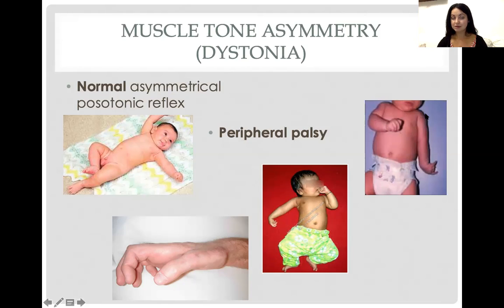You realize that this is dystonia. Why? Because the left arm is extended and there is a hypotonus of flexors on the left side. What is it? It is a birth trauma of the brachial plexus, which is called Erb's palsy. Look at the picture as well.